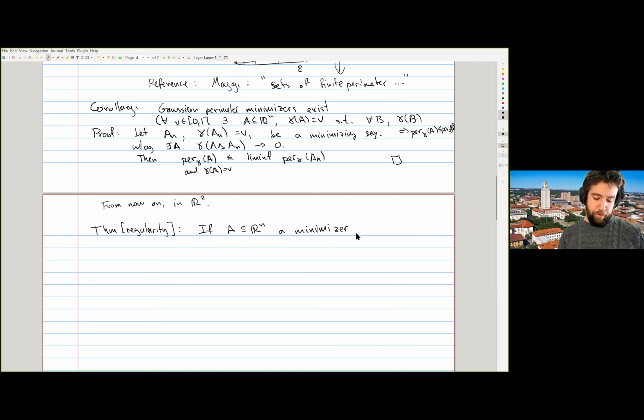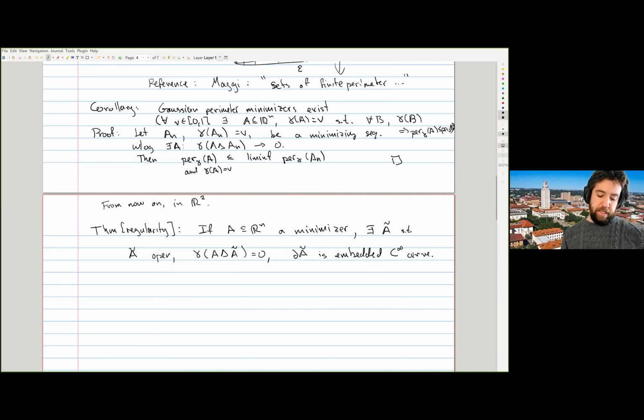So if I have a perimeter minimizer, then there exists some A tilde such that A tilde is open, it's equal to A except for a set of measure 0, and the topological boundary of A tilde is an embedded C infinity curve in the plane.